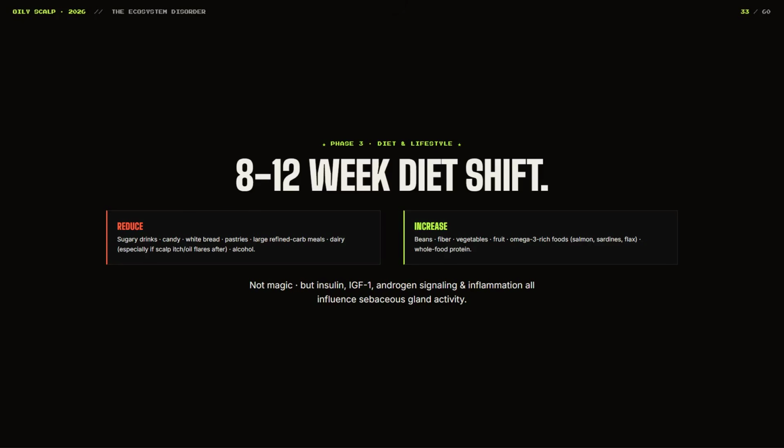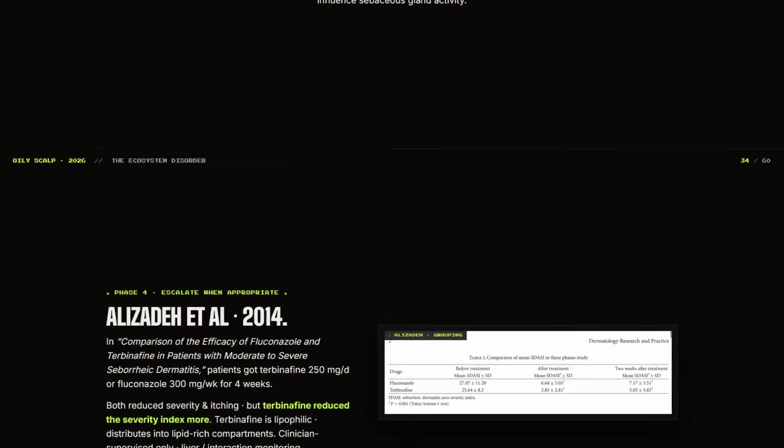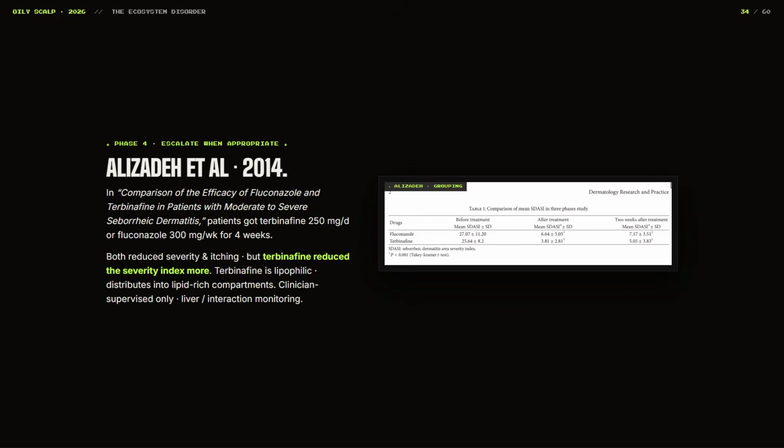Step 8, use diet as a sebum control and gut-skin leveler. Look, if you're eating horribly, if you're eating processed foods, sugary drinks, white bread, refined carbs, and all that stuff, if you're eating an excessive amount of these things, not just a moderate amount, but an excessive amount of these things, you have to reduce it. Too much alcohol, you have to reduce it, right?